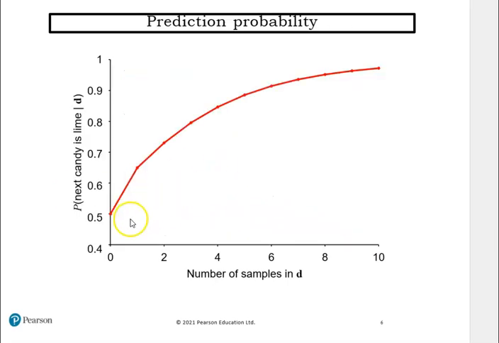To conclude this example, as you can see here, the probability that the next candy is lime gets to almost 100% by the time you picked your 10th candy, because the model learns that most probably the bag you're having is full of lime candies.